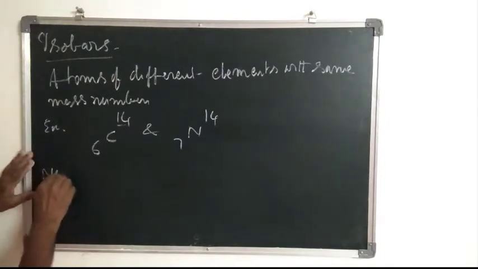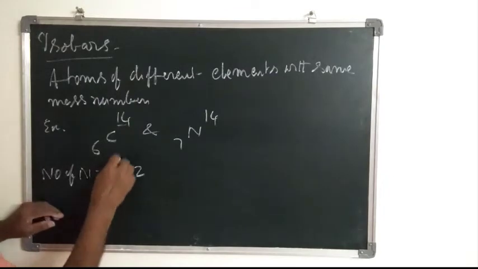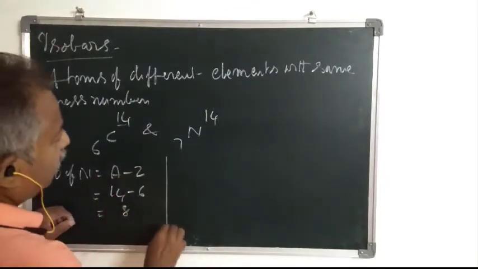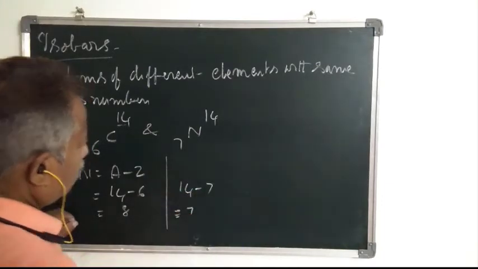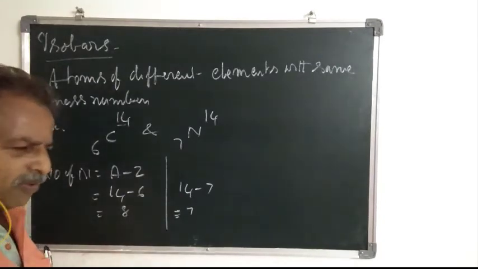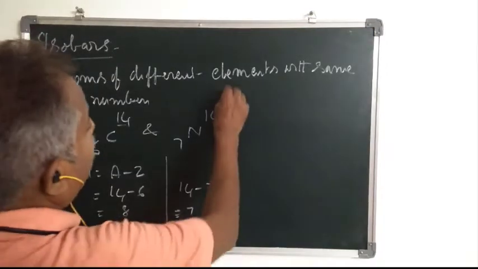Now number of neutrons equal to A minus Z. A is 14, 14 minus 6 equal to 8 here, whereas 14 minus 7 equal to 7 here. So what is the reason for isobars? Isobars are available due to the different number of neutrons in their nuclei.